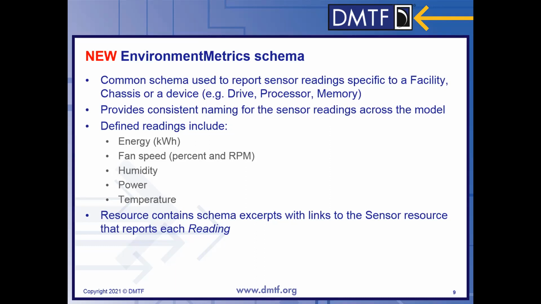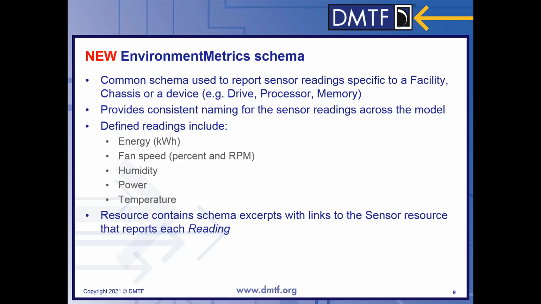So we made one definition for these things, and you can see the list there: energy, fan speed, humidity, power, and temperature. And obviously we can add more sensor types as folks come up with them. But basically this provides a consistent naming and schema definition for these commonly available readings.